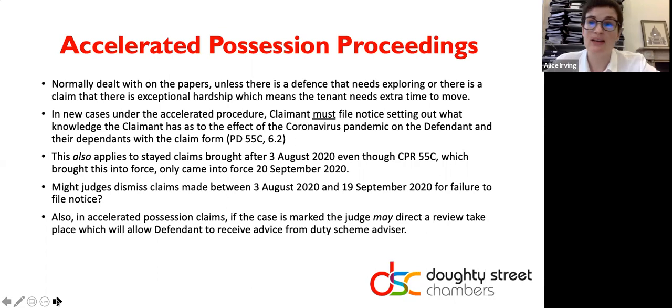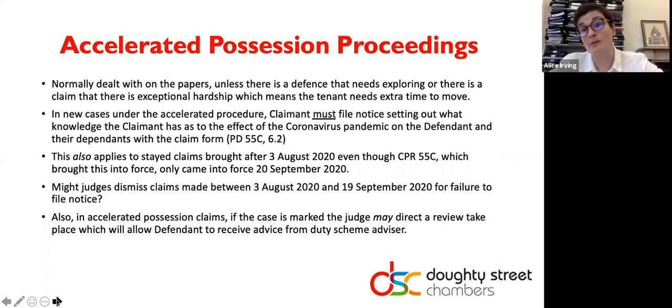The middle three bullet points here are a slightly technical point arising from some slightly problematic drafting. You'll recall, at the beginning of the session, we come full circle, that I said for accelerated possession procedure claims, with the claim form there was a need to file a notice that set out the information that the claimant knew about the impact of the pandemic on the defendant.